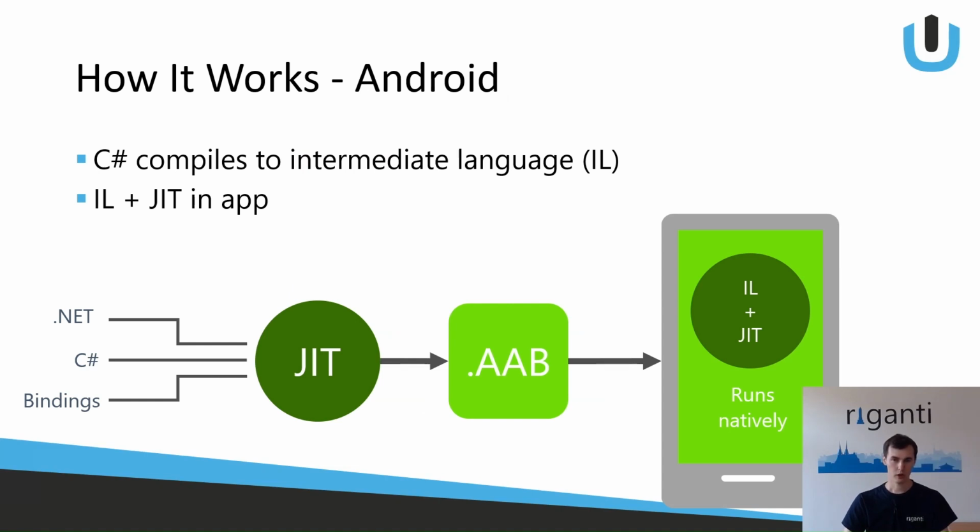The applications run differently on every single platform, so we need to keep this in mind and deal with this when we are developing. On Android, the C# code gets compiled into intermediate language and it gets JIT compiled on the fly. So this is the way it runs on Android.